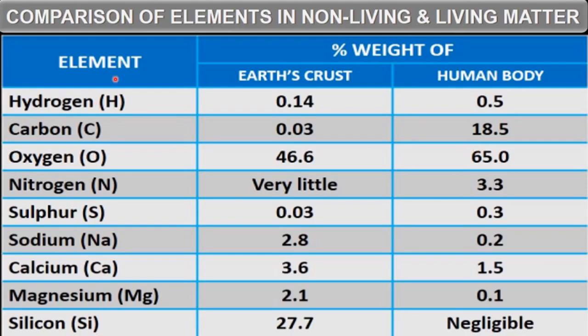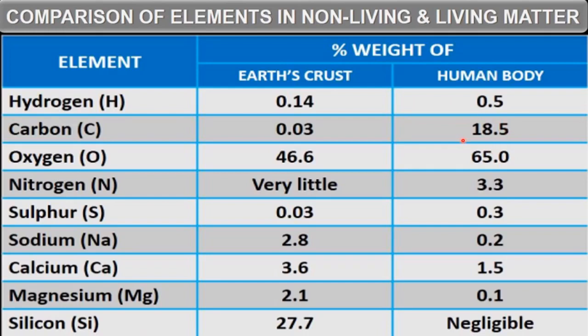So first of all, let's compare the hydrogen. 0.14% weight of hydrogen is present in earth's crust, while in human body it is present in 0.4% weight. Likewise, carbon is present in 0.03% weight in earth's crust, while in human body it is present in 18.5% weight.